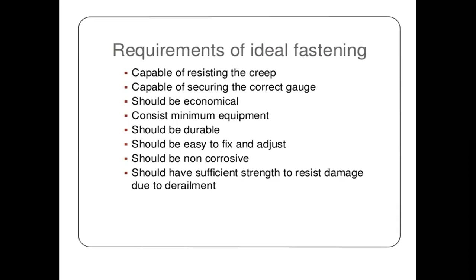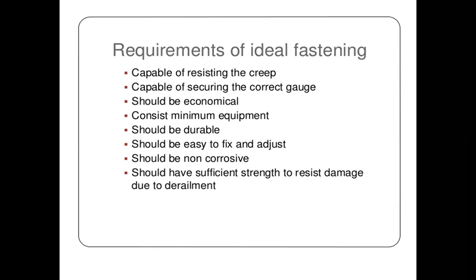The fastening we provide must be economical, have a long life, and be easy to fix and adjust. These fastenings should be of non-corrosive material and give sufficient strength to resist damage when derailing of a locomotive happens.